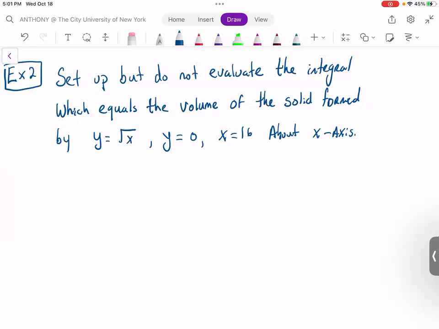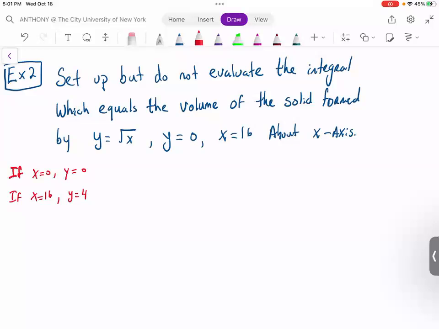So in this problem, if x is equal to 0, y is equal to 0. But if x is equal to 16, then what is the square root of 16? 4. So y is equal to 4.